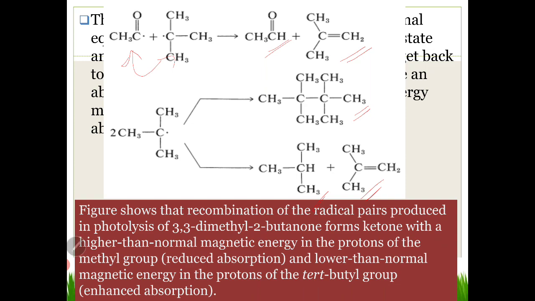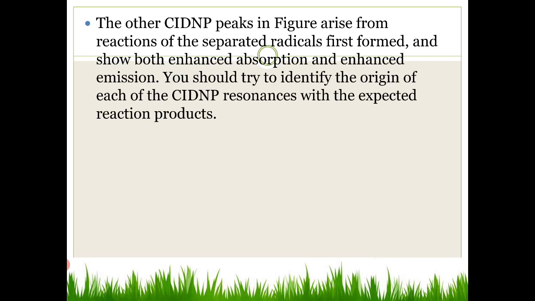So reduced absorption means it is emission, and enhanced absorption means it is absorption. The other peak in the figure arises from the reaction of the separated radicals first formed and shows both enhanced absorption and enhanced emission.